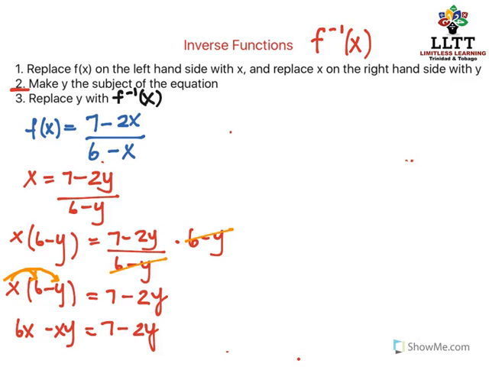Now, I remember what I'm doing. I'm on step number 2. I would like to make y the subject of the equation. So everything that involves a y, I want on my left-hand side. Everything that doesn't have a y, I want on my right-hand side, or I want to get rid of it. So when I look at my left-hand side, there's that 6x that's glaring at me. I want to get rid of it, so I'm going to take away 6x from both sides.